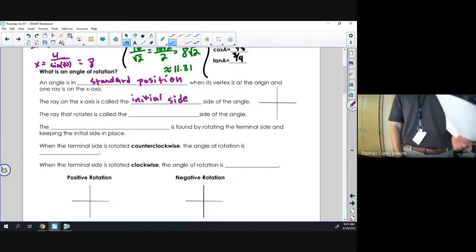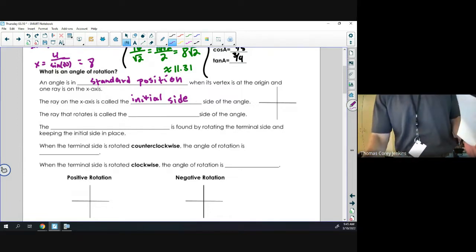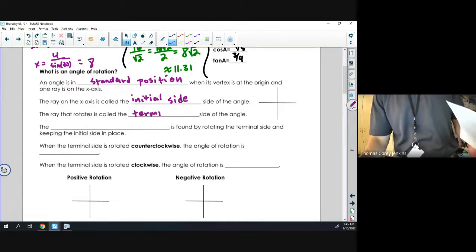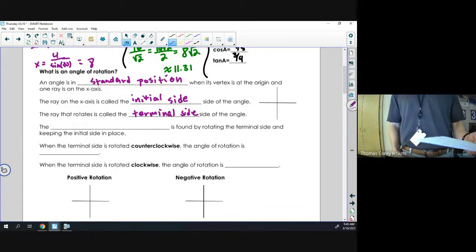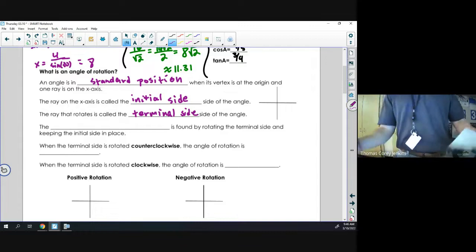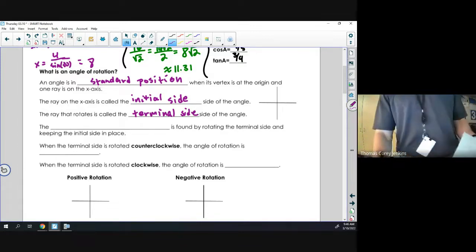The ray that rotates is called the terminal side. So where it starts and where it ends. The angle of rotation is found by rotating the terminal side and keeping the initial side in place. That's called the angle of rotation.